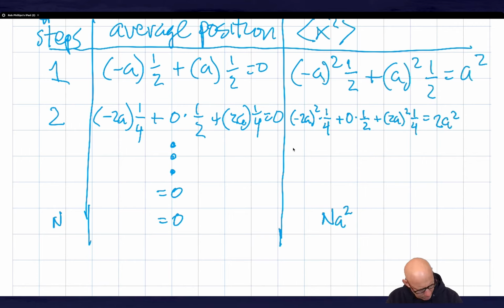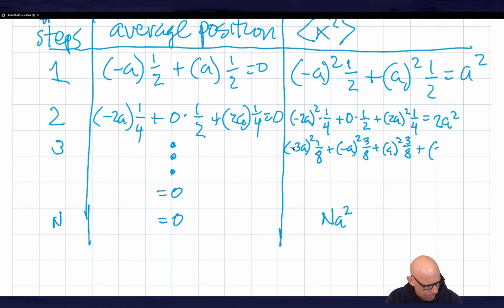Okay, let's just check it out after 3 steps. After 3 steps, the walker can be at minus 3a, which I square, with probability 1/8, can be at minus a with probability 3/8, can be at plus a with probability 3/8, and can be at plus 3a with probability 1/8.